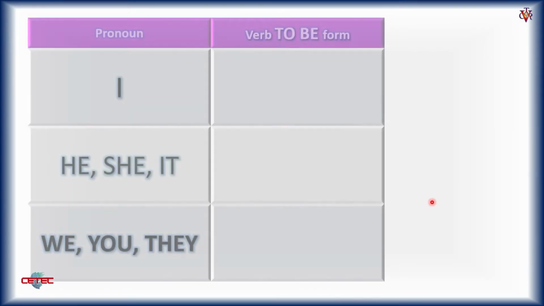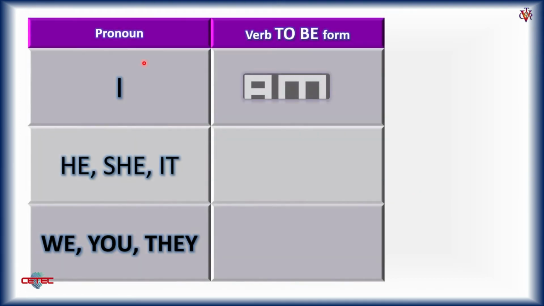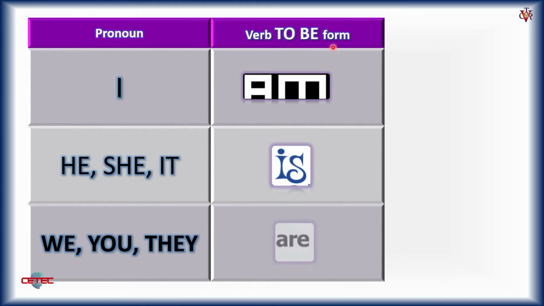Let's see other examples. Here we have to use the pronoun I plus the verb to be. The forms of the verb to be are am, is, are. But in that structure, the verb to be is going to be used only with these pronouns.